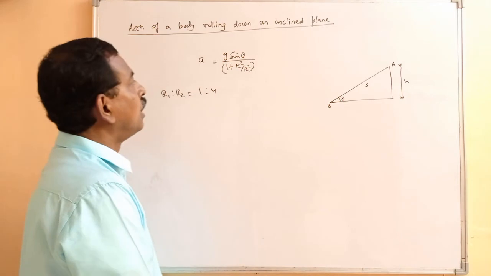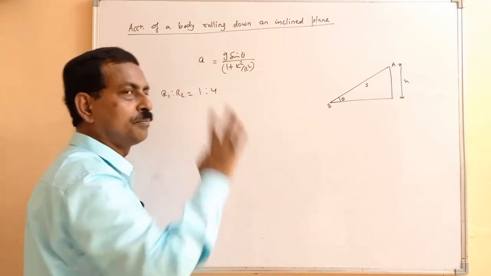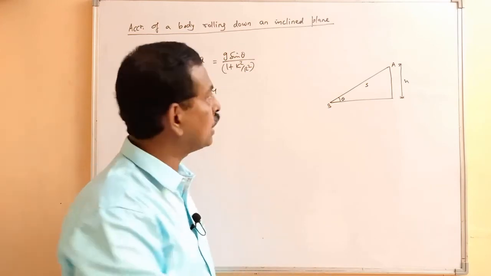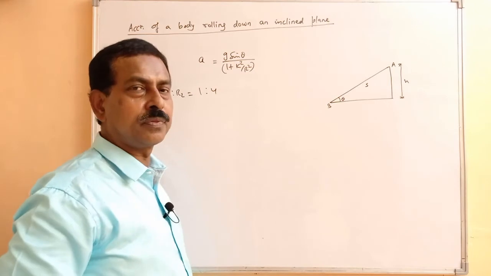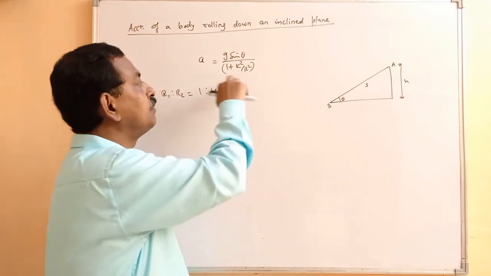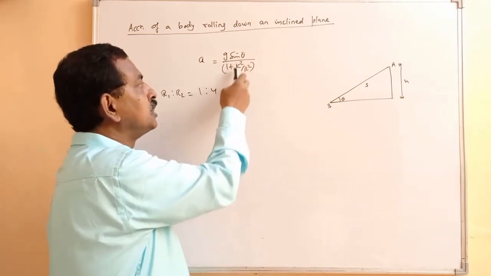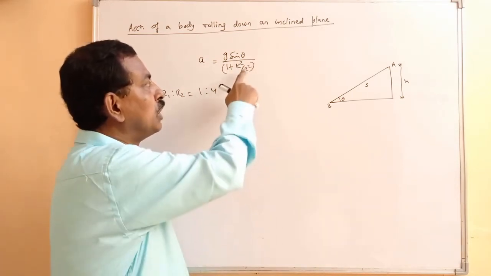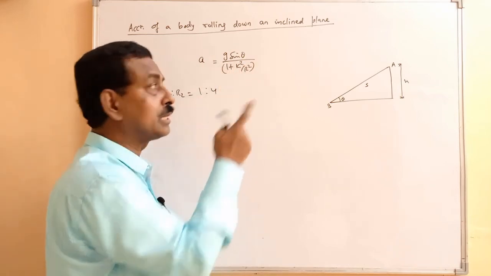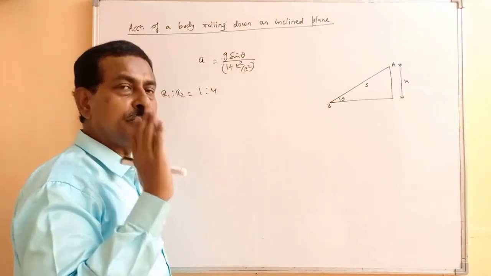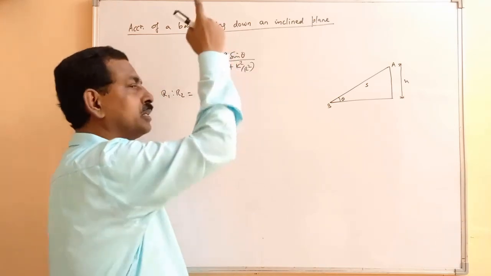Now here, if you directly use the formula, it is g sin theta by 1 plus k square by r square. If you try using this, if r is more, then this denominator term will be small, because it is 1 by r square in the denominator. So if r is more, the denominator term is small, so acceleration will be large.